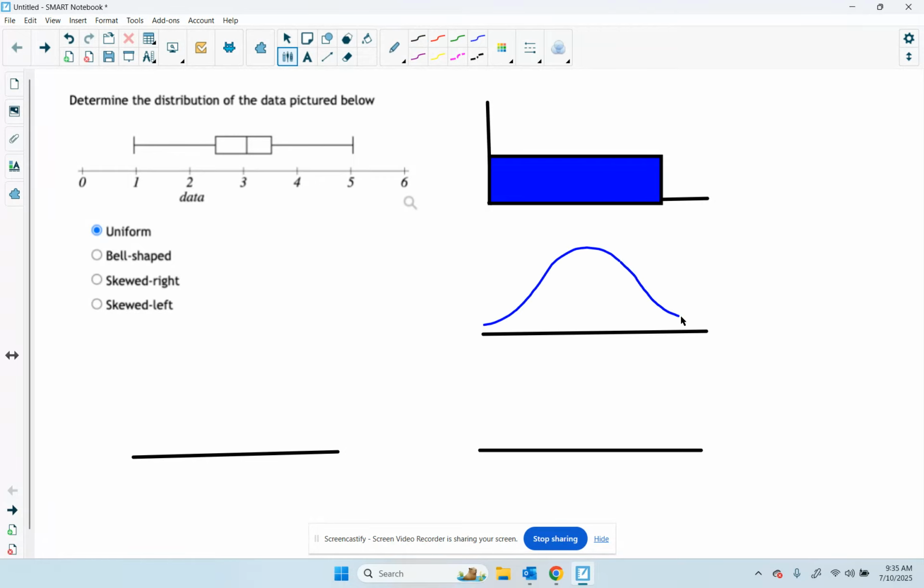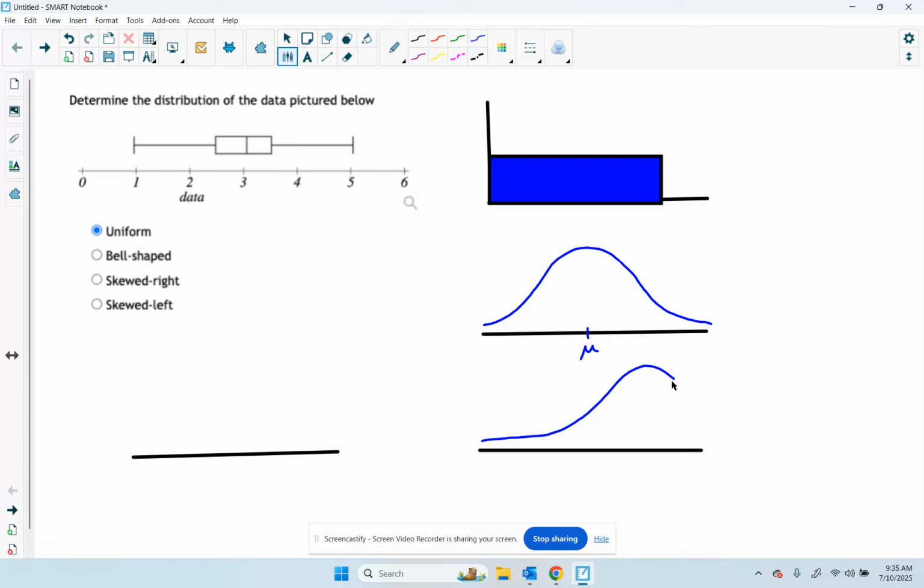So it's symmetric, makes kind of that loose bell shape centered around the mean. Skewed right and skewed left look similar to this, but they're somewhat lopsided. These terms, skewed right and skewed left, I feel like are opposite of what you would think they would be. Skewed right, to me, would look like this.